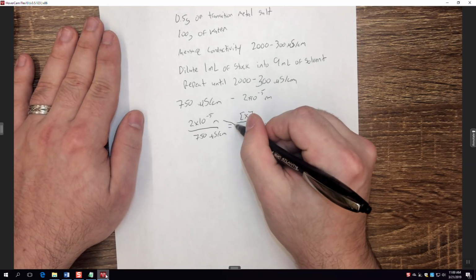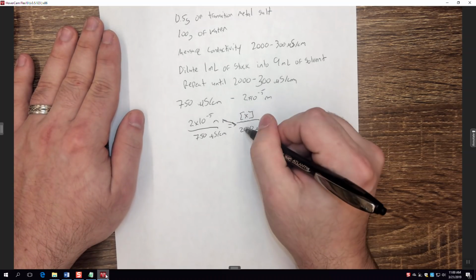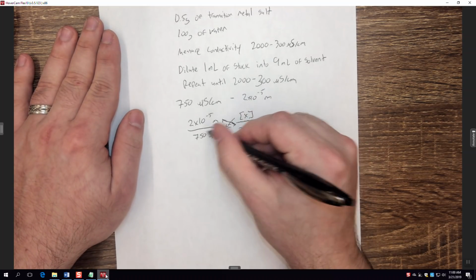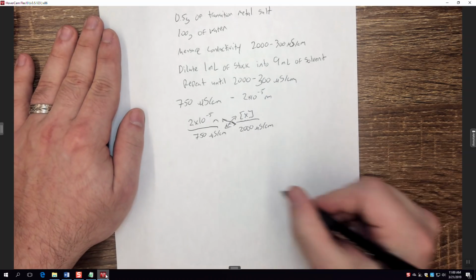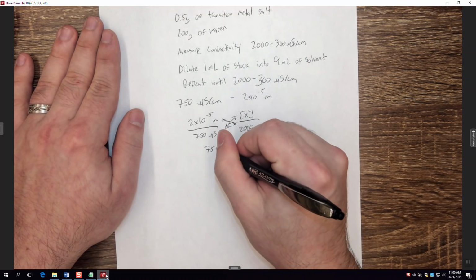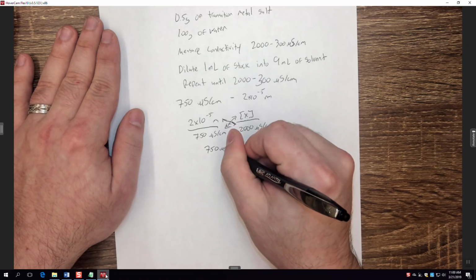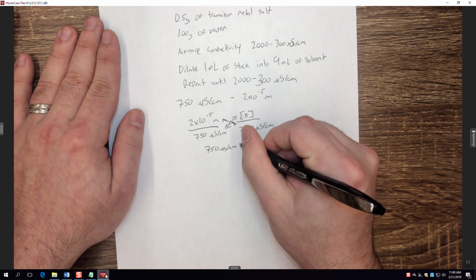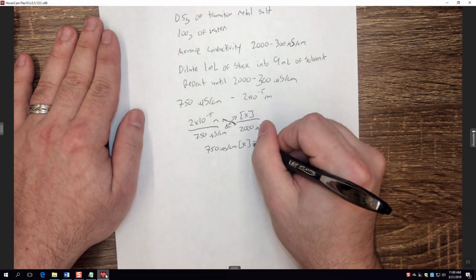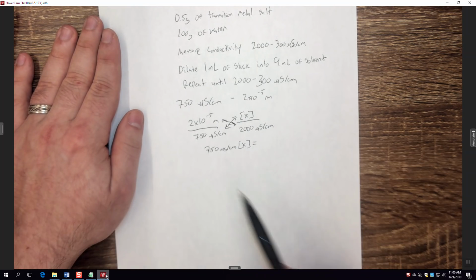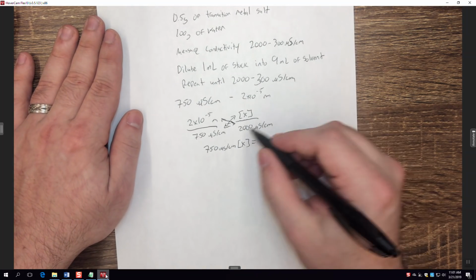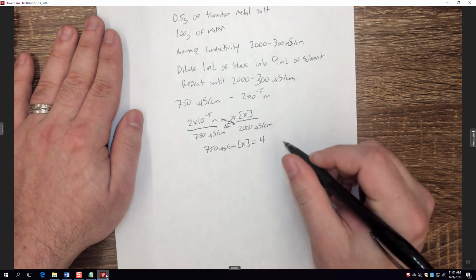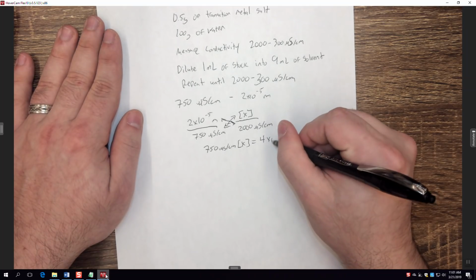Now we're going to cross multiply: take this and multiply by here, take this and multiply by here, and see what we get. So 750 microsiemens per centimeter times X is equal to 2,000 times 2 times 10 to the minus 5, which is times 2, and then we move our decimal point over 3 places.